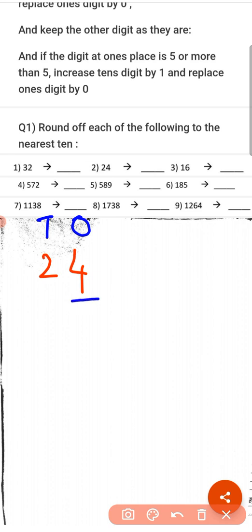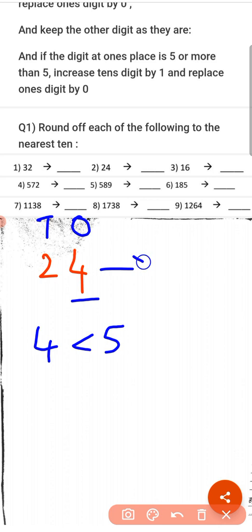That is 4. 4 is less than 5. So apply the first condition. What is the first condition? If the digit at one's place is less than 5, replace the ones digit by 0.